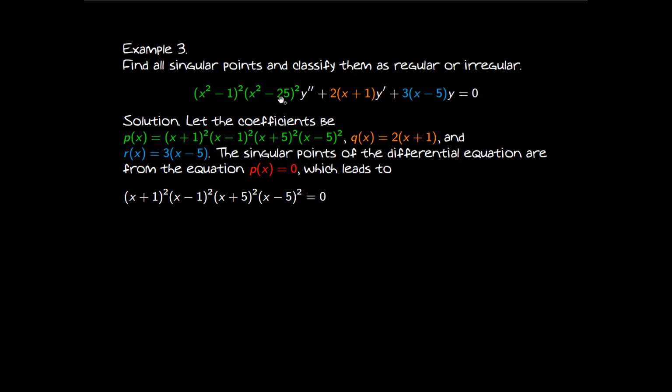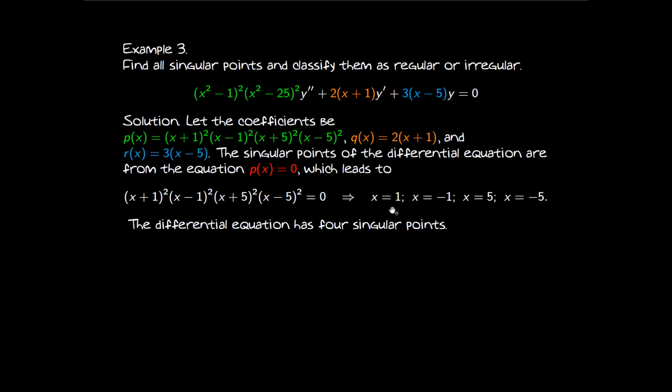Similarly, for the x squared minus 25, you get the same thing, okay? So we know P of x equal to 0 gives us this equation. And from the zero product principle, we understand each factor could be 0. So therefore, x is going to be plus or minus 1, plus or minus 5.